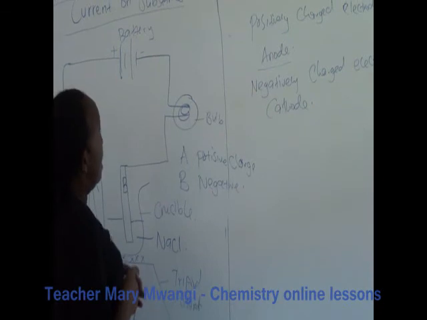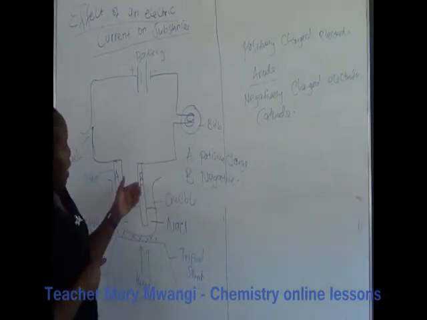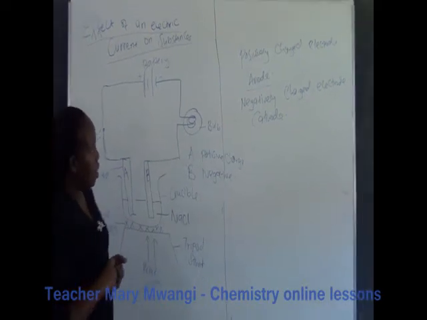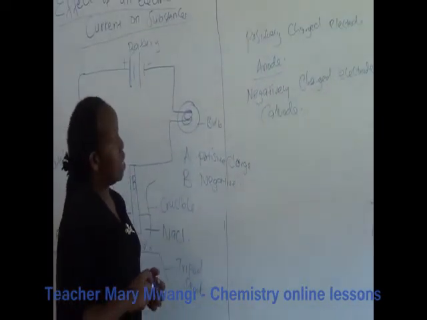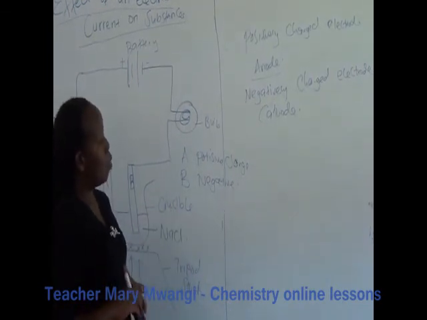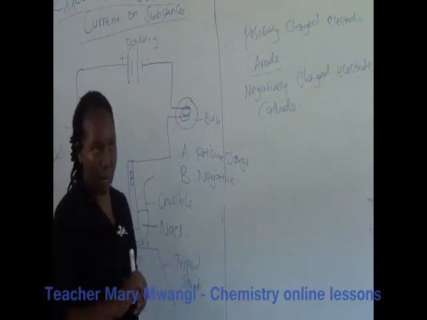Now, having drawn this setup and identified the two rods that we have called the anode and the cathode, it is time we reflect and see whether we can answer a few questions on what we have learned today.